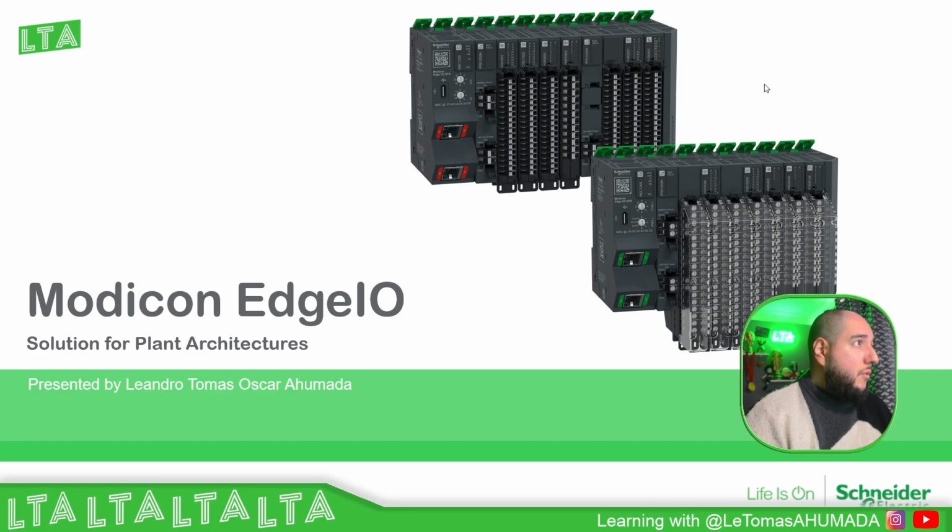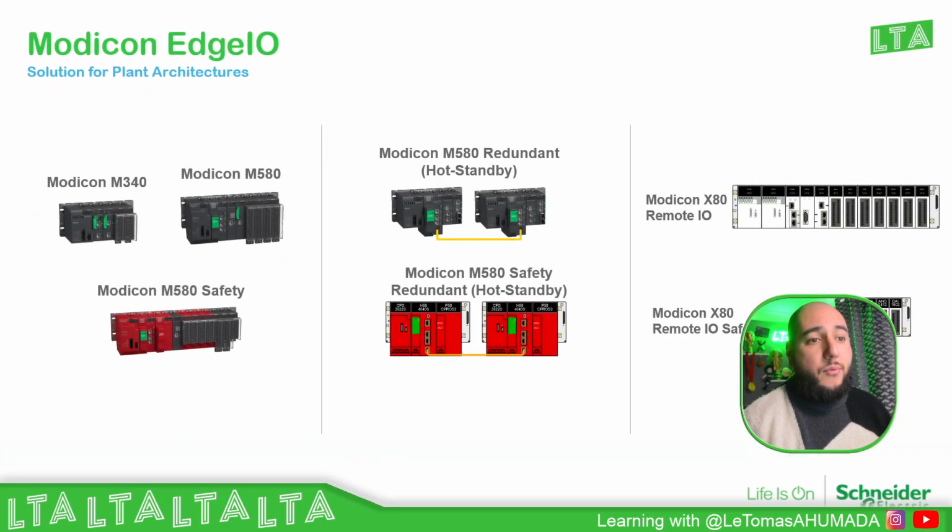In case you don't know, in the EcoStruxure umbrella of products that we have, we have the following devices. For the PAC solution, we have the Modicon M240, M580, and the Modicon M580 Safety. It's not included in this part of the presentation, but we have the Modicon MC80 also for solar applications.